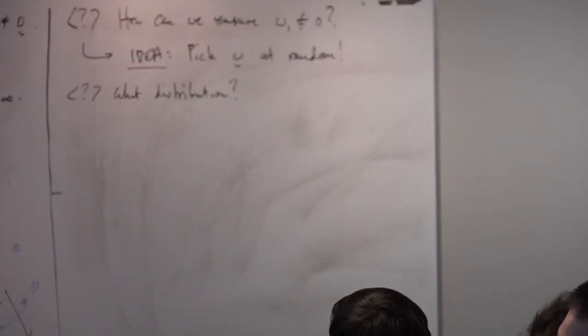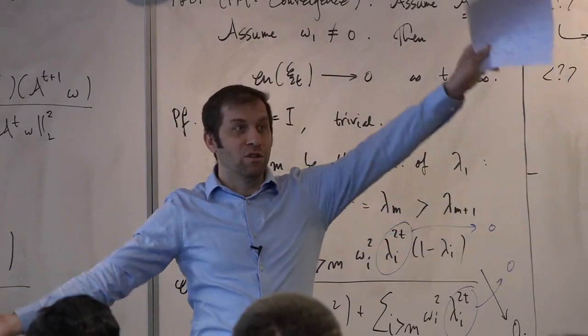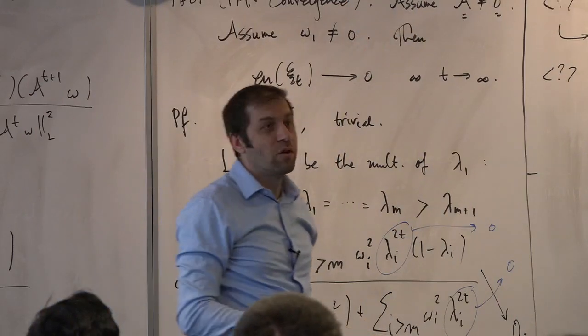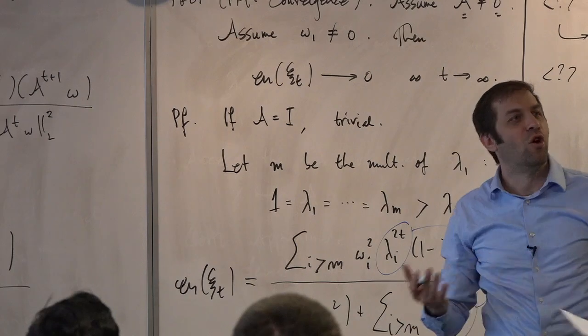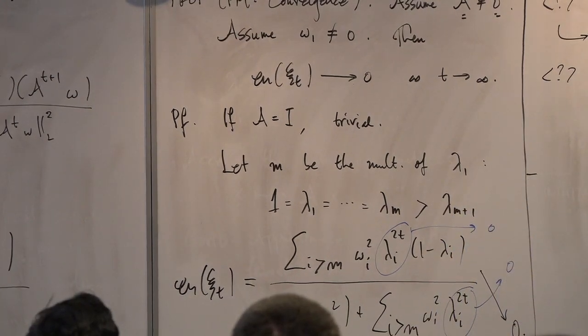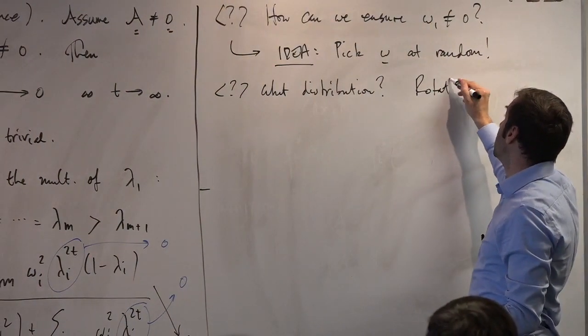So the eigenvectors of a symmetric matrix form an orthonormal basis. Okay, but we don't know what directions those are, whether it's this way or this way. And so we want to choose a distribution that's indifferent to the choice of basis. So these distributions are called rotationally invariant. So we need a rotationally invariant distribution.